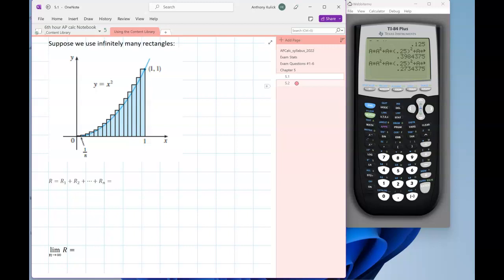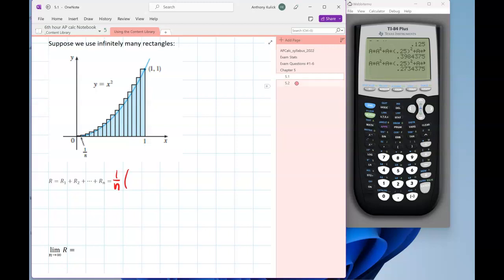Well, the base is going to be 1 over n, because we're looking at from 0 to 1, and we're going to do infinitely many of these things, so we're just going to have the limit as n goes to infinity. So we're going to have n of these things.